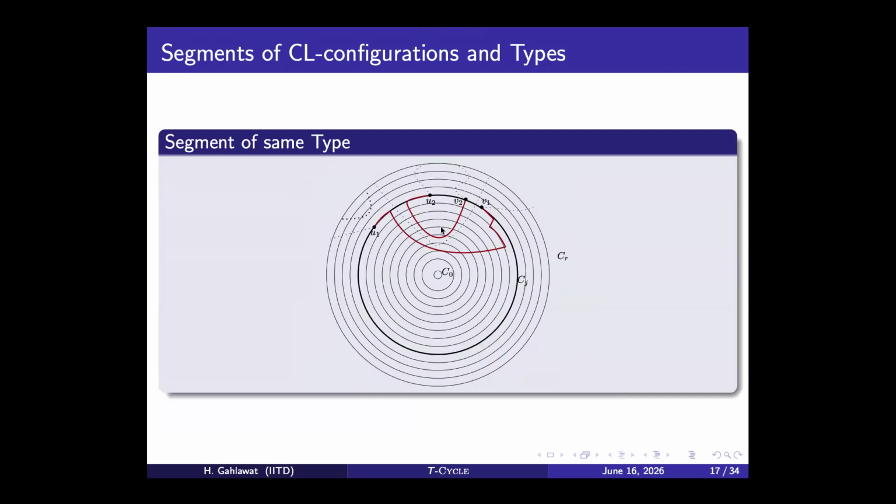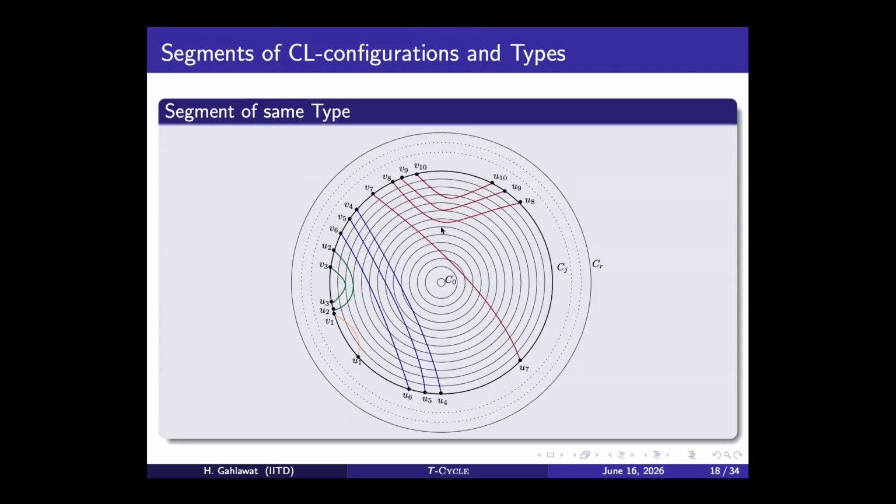Now, what we want to say is that at some point, we will not have many segments of the same type. And for this purpose, we'll define the type of a segment. Everything will fall into place in a moment. I don't want to define the type formally, but it's very easy to observe. Let's say that these four segments, V10, V9, V8, and V7, are of the same type. These are segments which are parallel and do not contain any segment that has both endpoints between two of them.